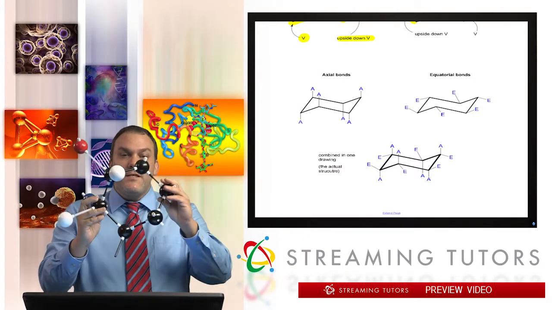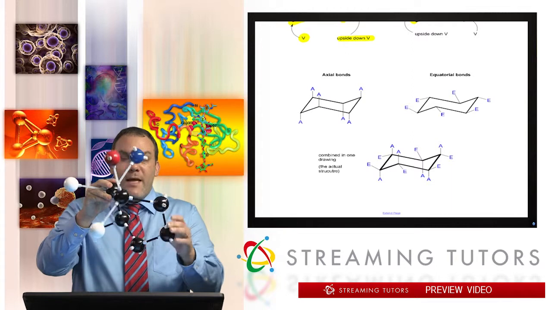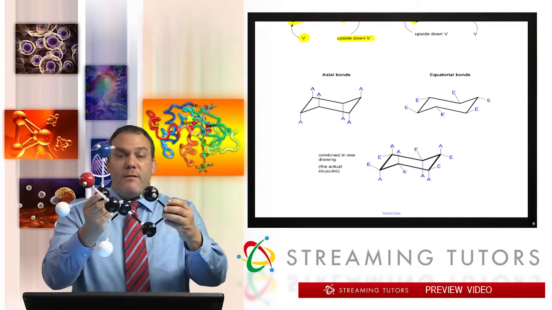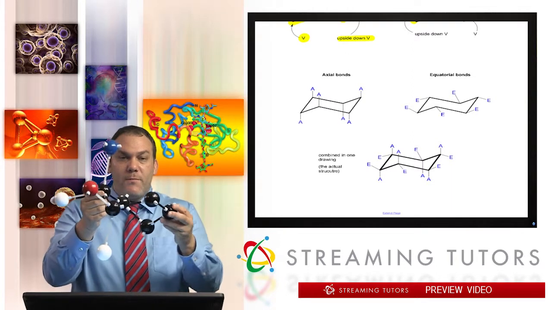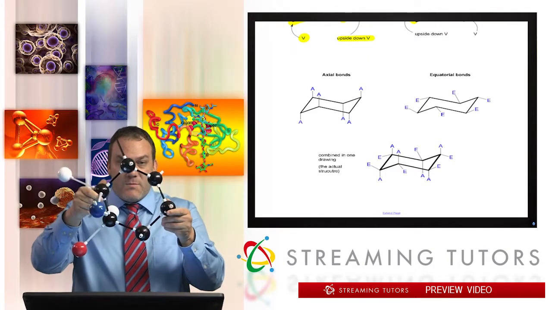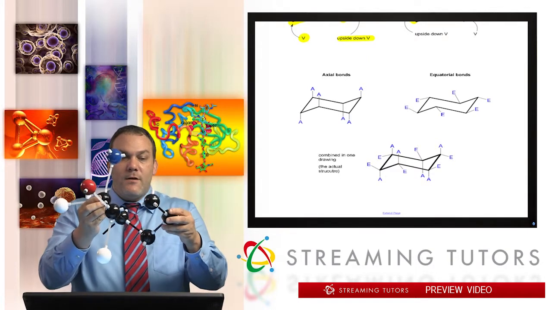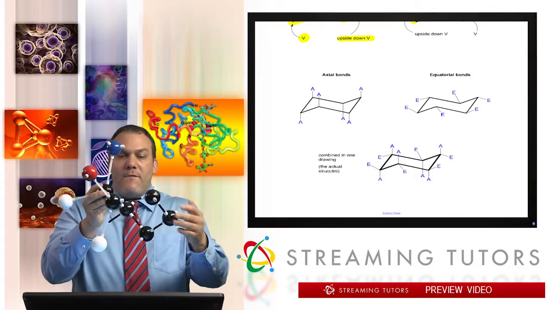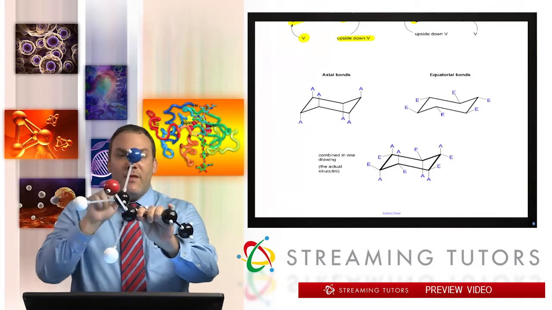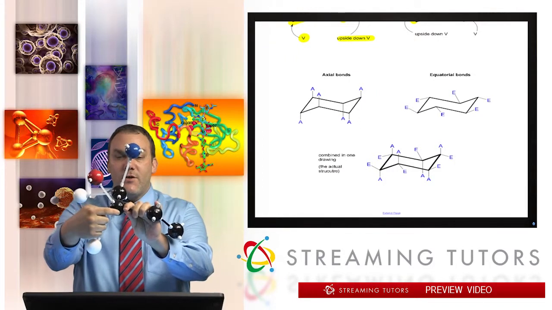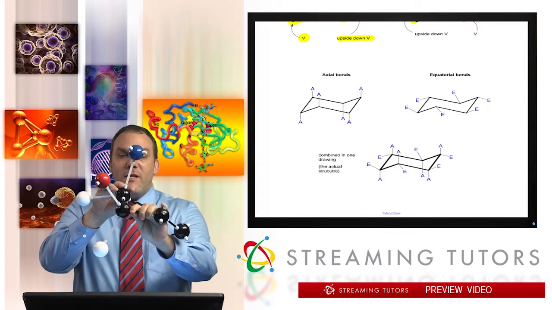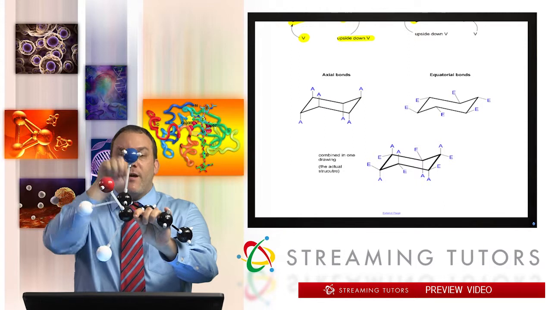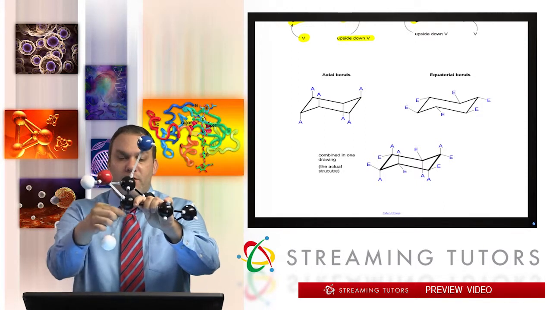Notice that right now, this is the ring, and I'm in my chair form. If I look at it from the side, it's a little bit weird to see, but this is a six-membered ring, and I'm laying it on its side. If I just look at these two carbons, the one that's facing you and the one behind, this blue one is pointing straight up and this white one is pointing straight down.